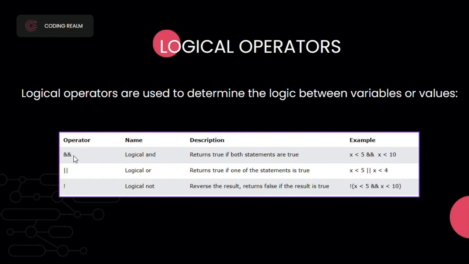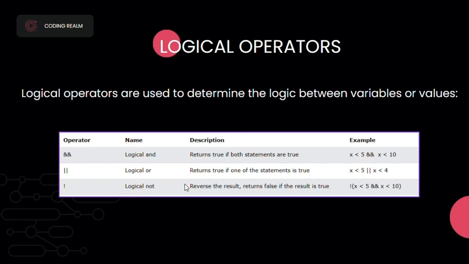The logical OR returns true if one of the statements is true. For example, x is less than 5 or x is less than 4. One of the statements of this condition is true. The logical NOT reverses the result, returning false if the result is true.